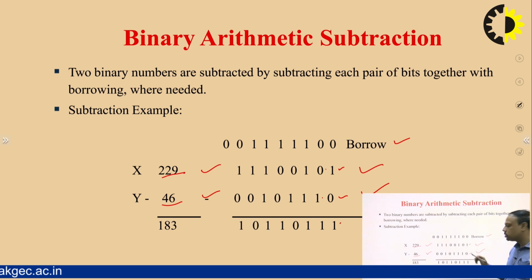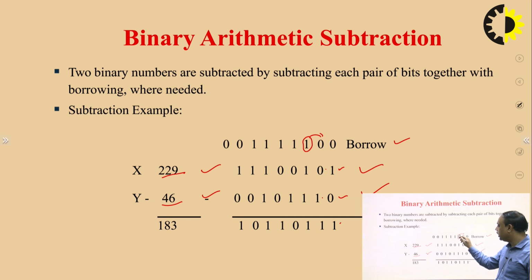If we start the subtraction, 1 minus 0 is equal to 1 only. 0 minus 1 is not possible, so we have to take a borrow from the next bit, represented by 1. The borrow is nothing but the base of the system, so it becomes 2, and 2 minus 1 is equal to 1. Again this bit becomes 0.